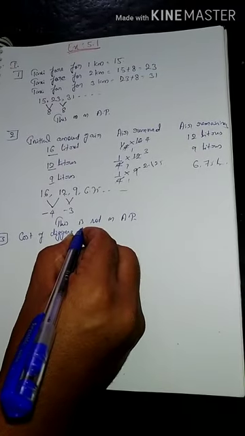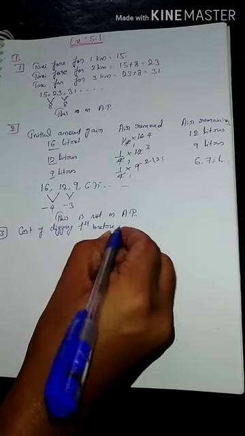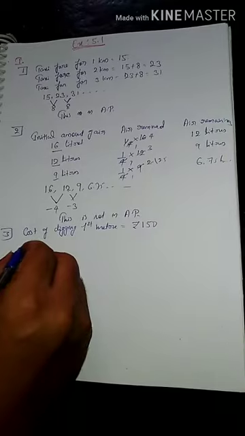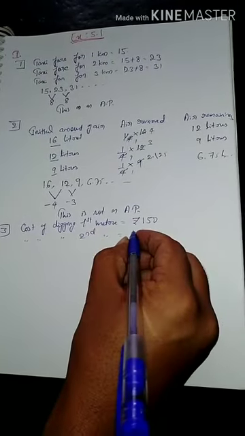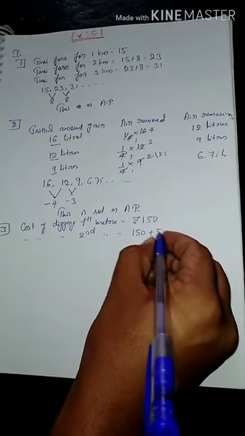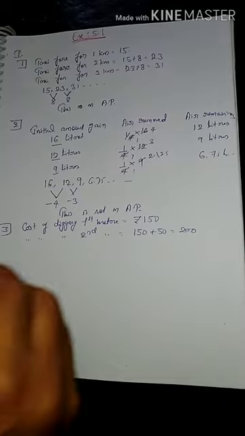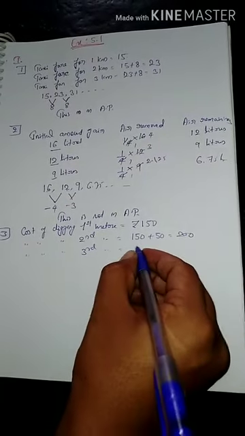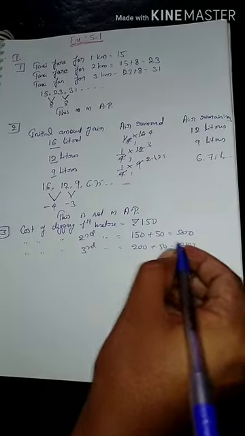Digging the first meter is rupees 150, and the cost of digging the second meter is 50 rupees more. 150 plus 50 is equal to 200, and each time 50 rupees more. The cost of digging the third meter is also 50 rupees more. 200 plus 50, so it is 250.